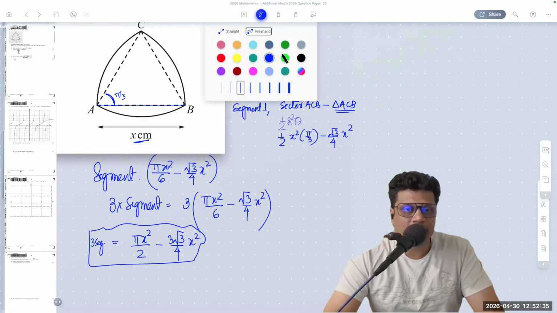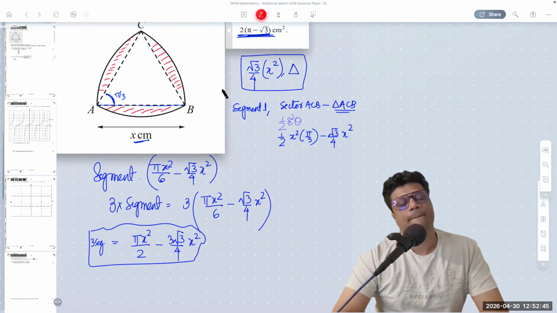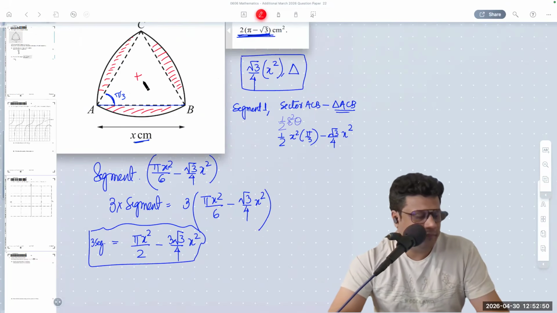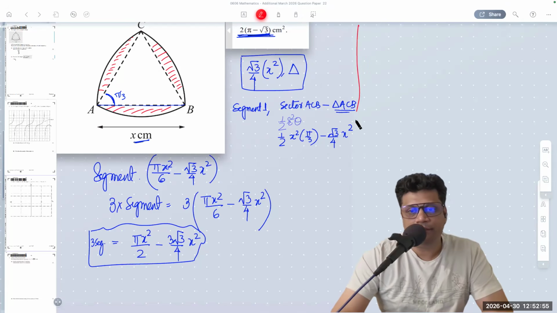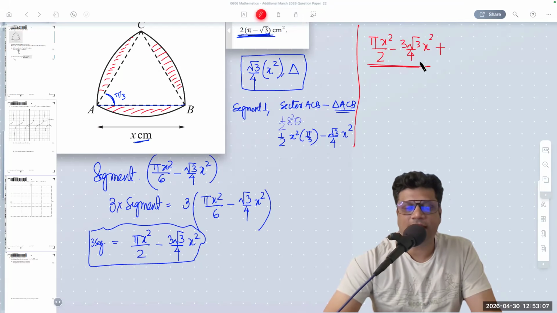Well, I've found these areas here, all 3 of them. I'm going to add these 3 to the triangle. So let's do it here. The 3 segments plus, these are the segments, plus the area of the triangle.